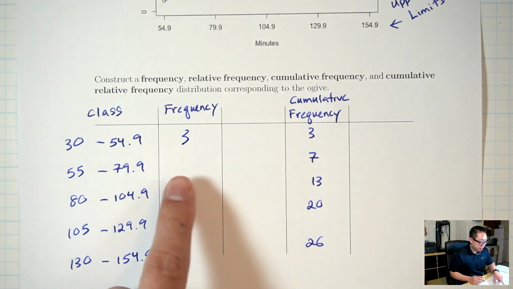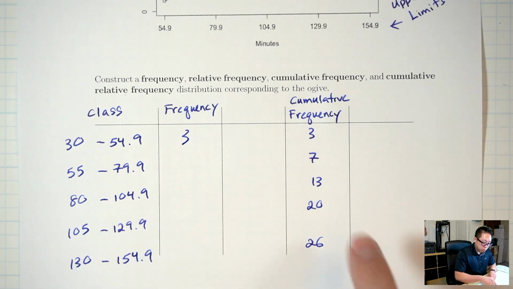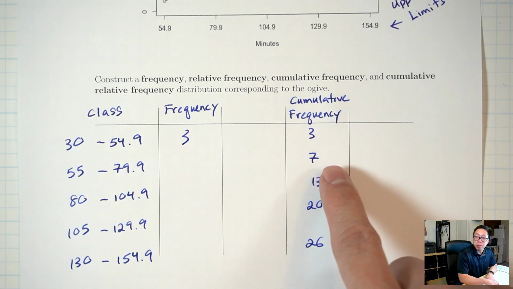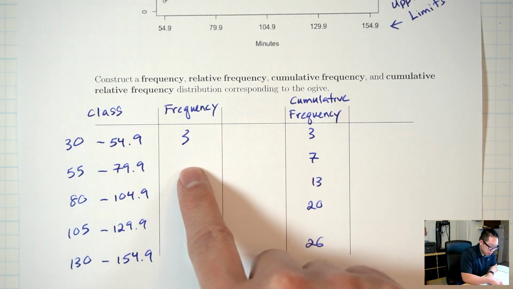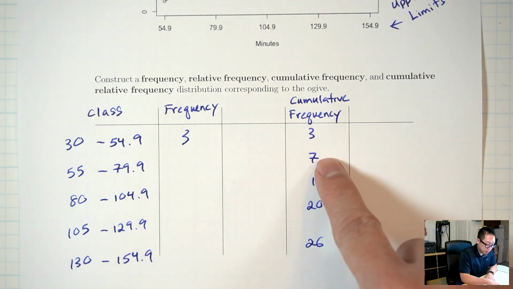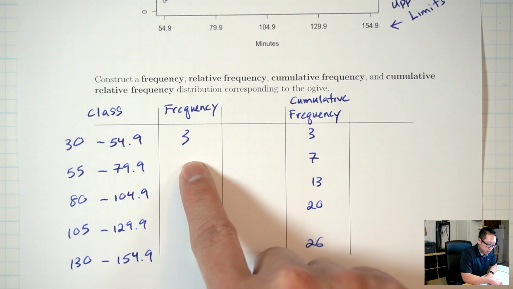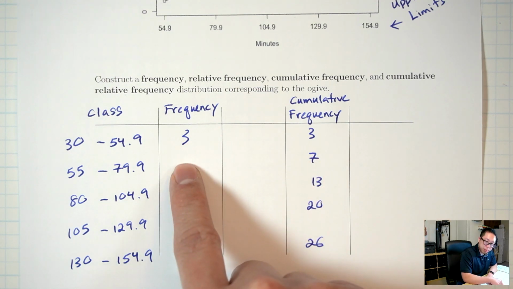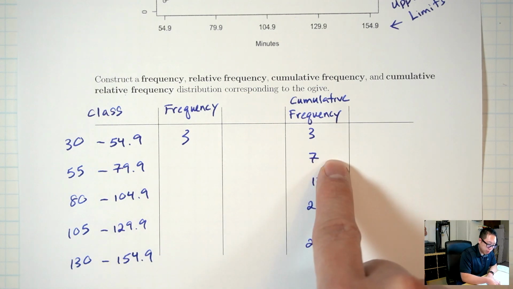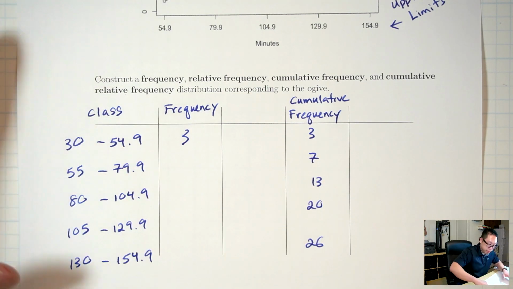Okay. The next one, remember how cumulative frequencies work. So this 7 should be 3 plus whatever goes here, right? So 3 plus blank is 7. What is that blank? 3 plus what equals 7? 4.